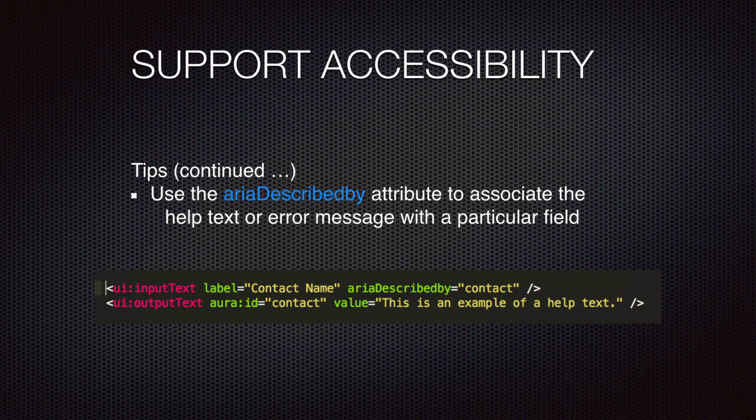So in this example, I have a ui:inputText field, and I've associated the contact output text component with the input text using the aria-describedby attribute. And what it does is, if there is an assistive technology that's reading this input text, it would read the value stored in the contact output text. So it would read out, this is an example of a help text.